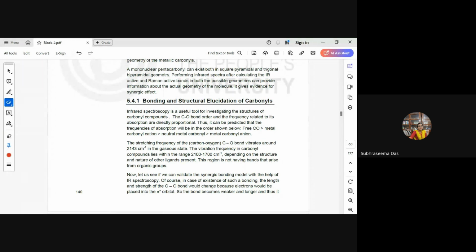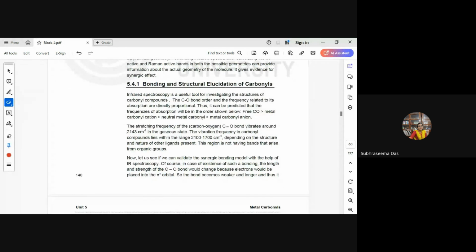Thus, the frequencies of absorption used for metal CO can be indicated by this. Free CO absorbs at a greater frequency than the metal carbonyl cation, then the neutral metal carbonyl, followed by the metal carbonyl anion. The stretching frequency of the CO bond is generally around 2143 cm^-1 in the gaseous state.